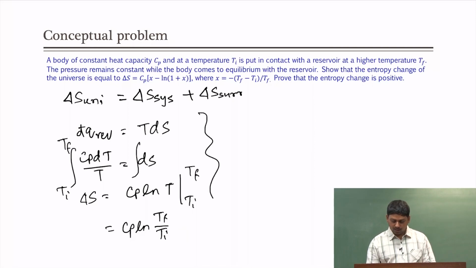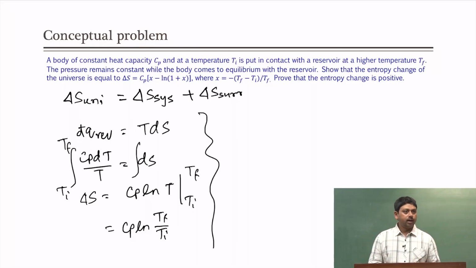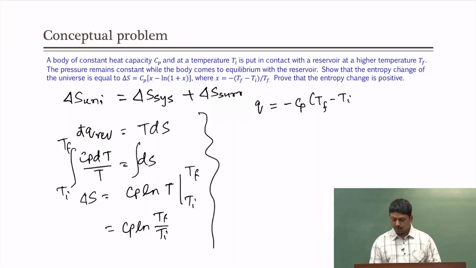Now, what will be the entropy of the surrounding? The surrounding gives away the heat dq, right, and its temperature does not change. The surrounding is the reservoir, and the reservoir's temperature does not change. So, the q that has gone out of the reservoir is minus Cp, Tf minus Ti.